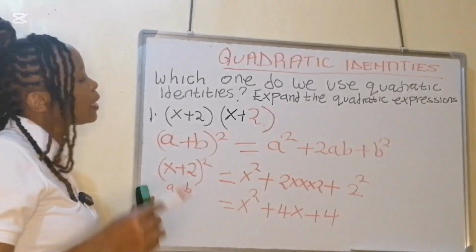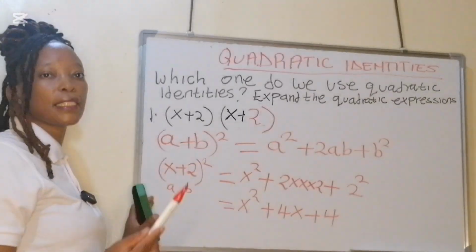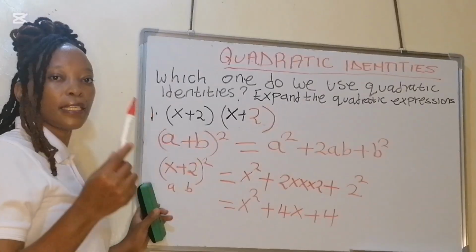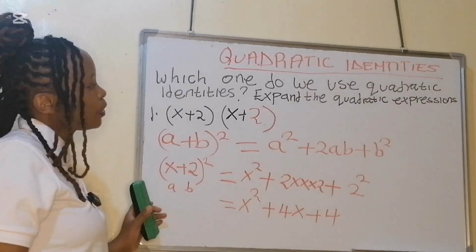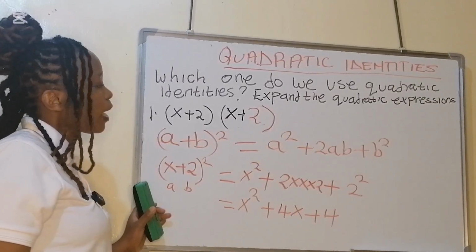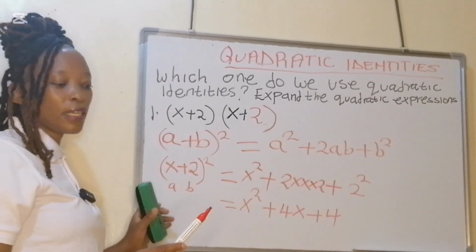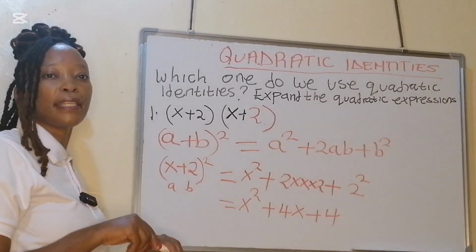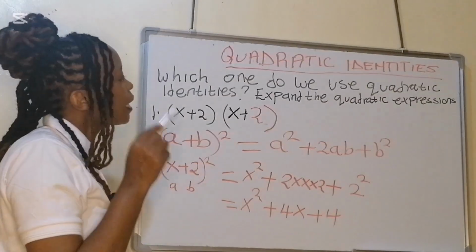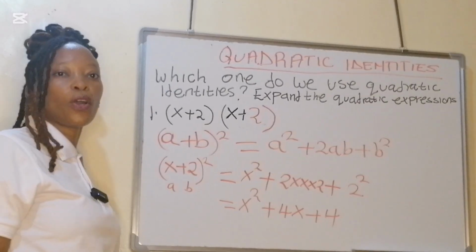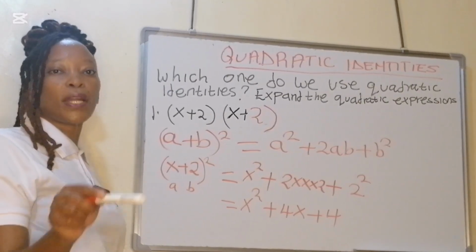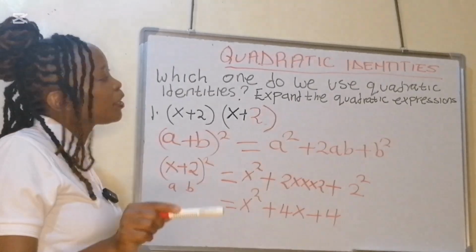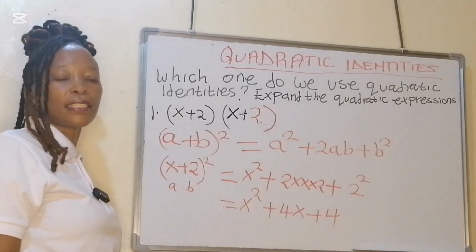So you see, when you are using the quadratic identity to expand, it is faster than the long method of expanding. I hope you have understood. My main goal was to make sure you are able to identify which quadratic expression to use the quadratic identity on, and which one not to.